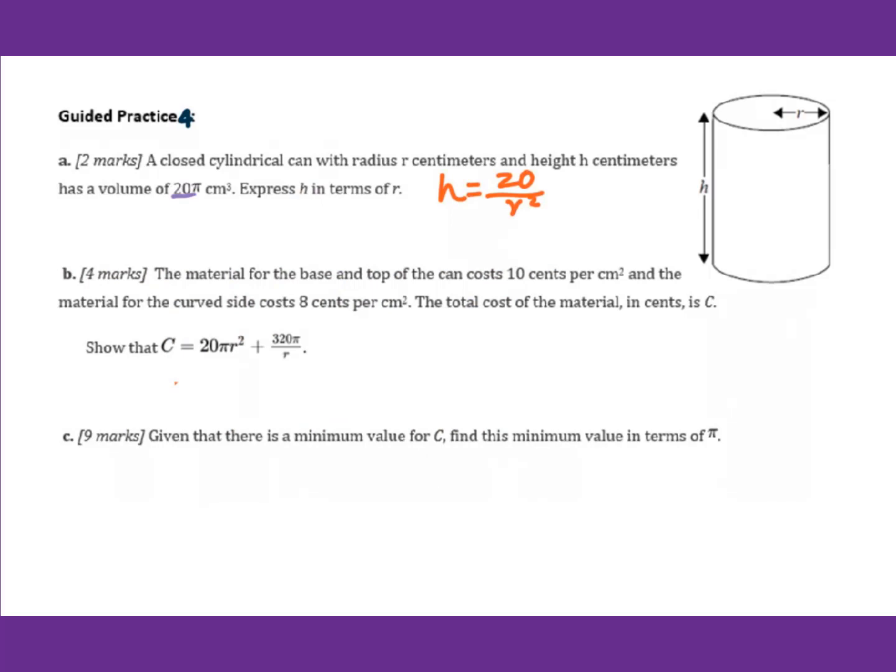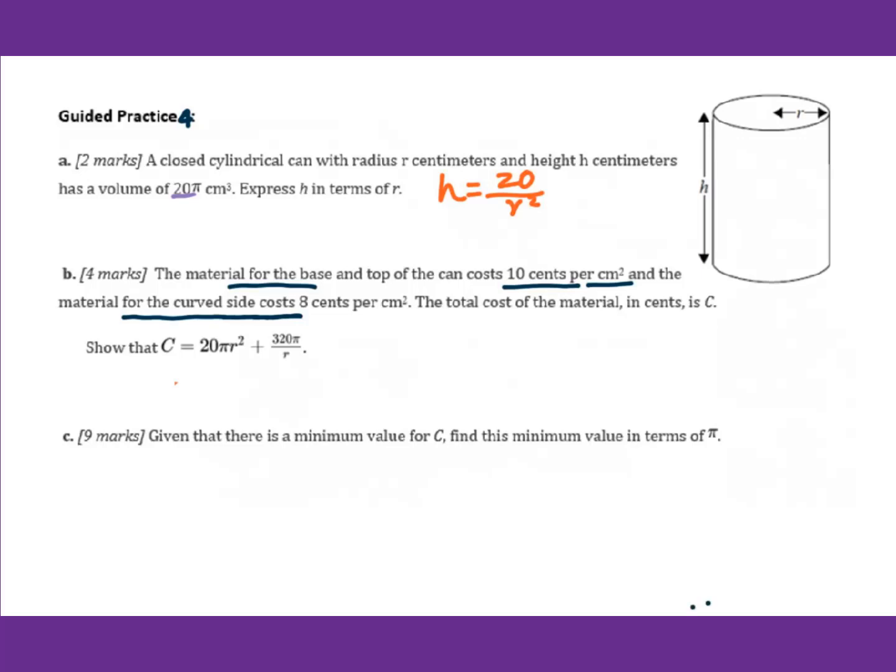Now for B, the material for the base and the top of the can costs 10 cents per centimeter squared, and the material for the curved side costs 8 cents per centimeter squared. The total cost of the material in cents is C. Show that C equals this. Basically, we need to figure out the surface area.